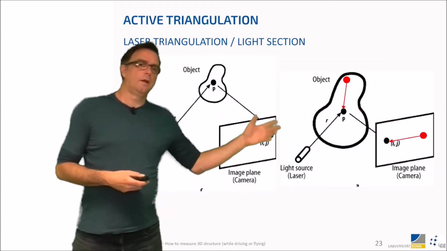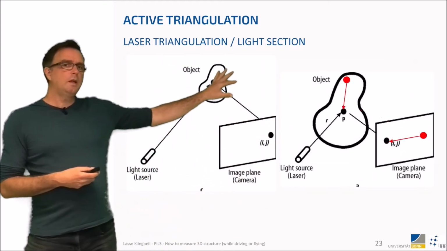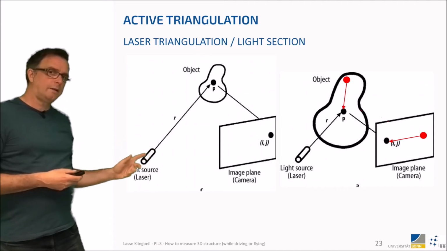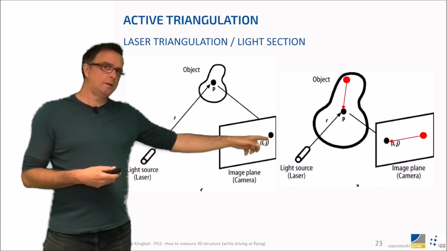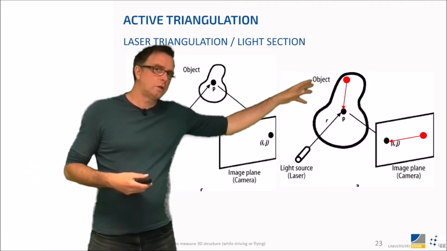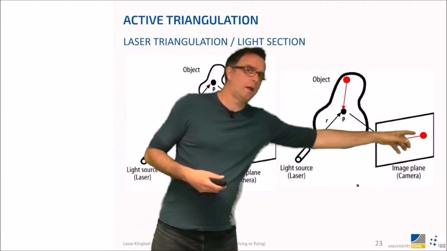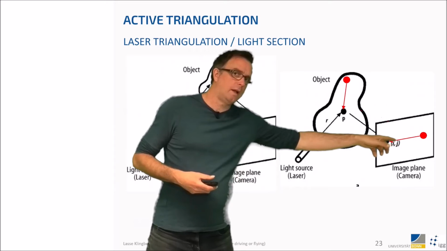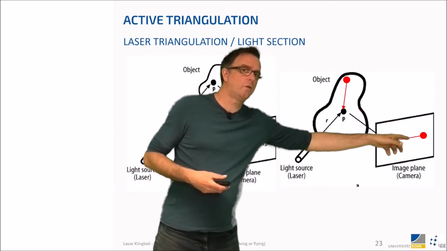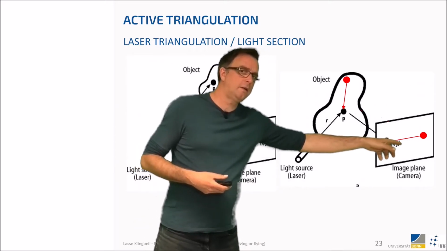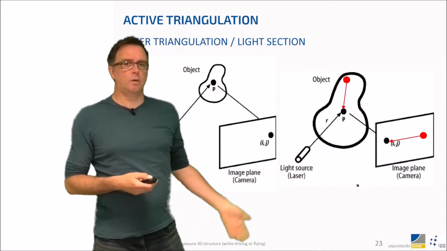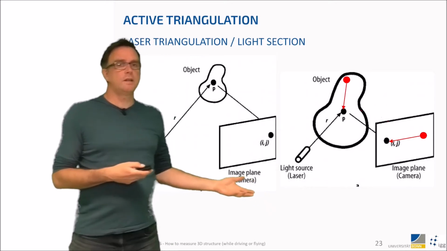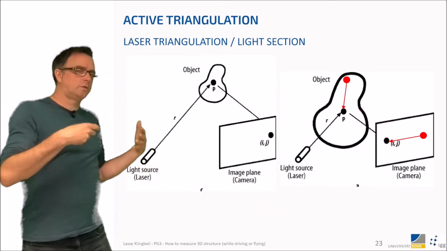So in this example, if you have the object here, and we have the light source pointing here, then we see it here in the camera in this pixel, and if the object comes closer, then this point in the camera may move here, the reflected point. And you can transfer this pixel to an angle, and then you can measure again the distance to the object. This is called active triangulation because we have a light source which is emitting light.